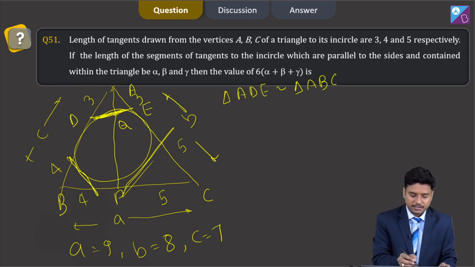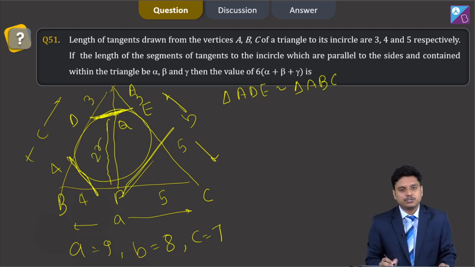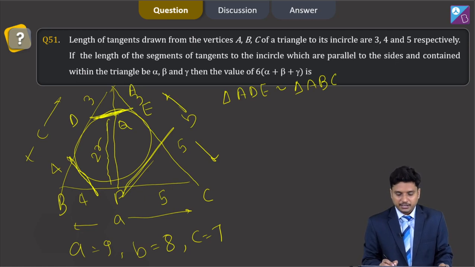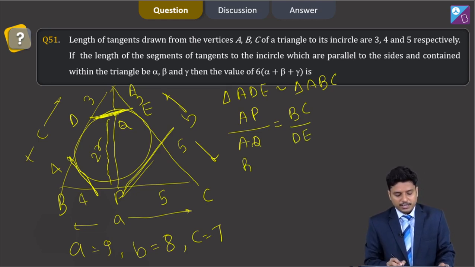So what we can think, this is your 2r diameter, and the altitude suppose I am considering as HA. So this length AP divided by AQ can be considered as BC divided by DE. So AP is what? AP is length of altitude.